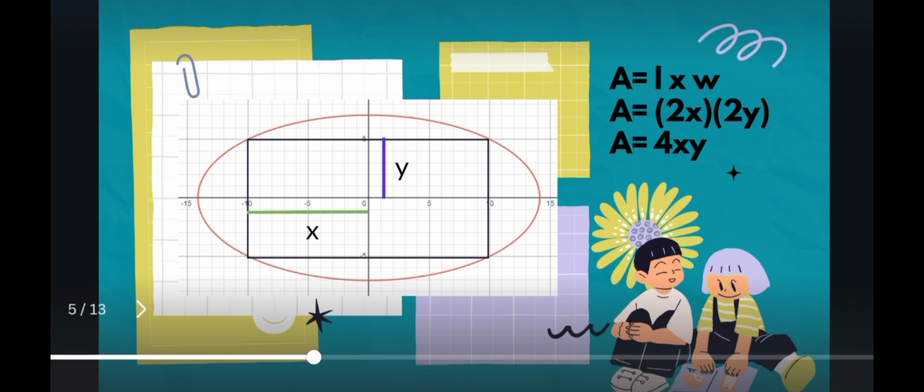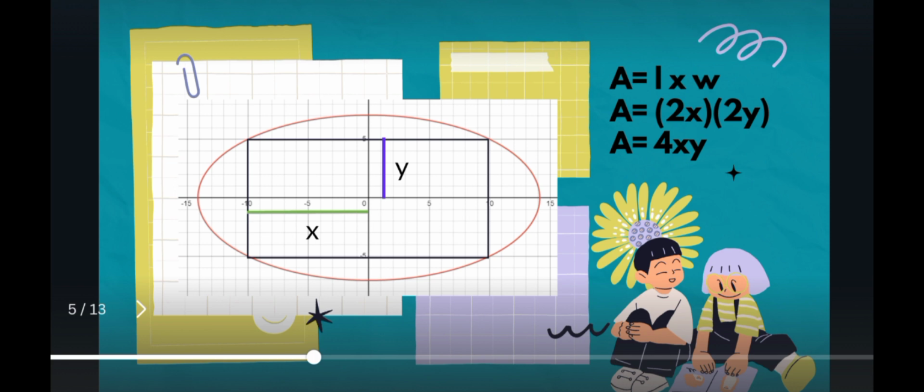Same with the width, we will equate it to 2y because it consists of 2 times y. Now that the length is 2x and the width is 2y, our equation for the area of the rectangle will be 2x times 2y, or simply 4xy.